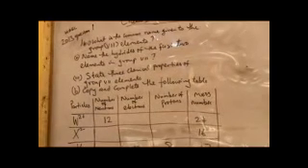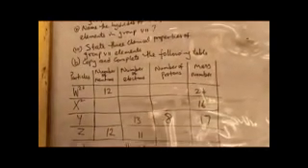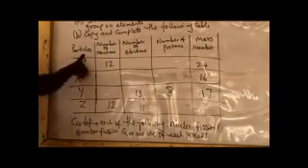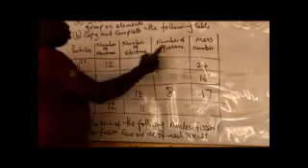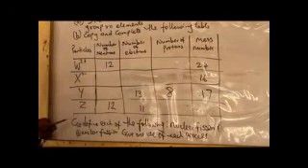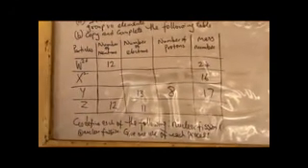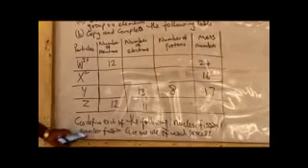Then the B part of the question, copy and complete the following table: particles, number of neutrons, number of electrons, number of protons, and mass number. These are the spaces provided. It continues with C and D, which we're going to see. So let's take the question from number 1.